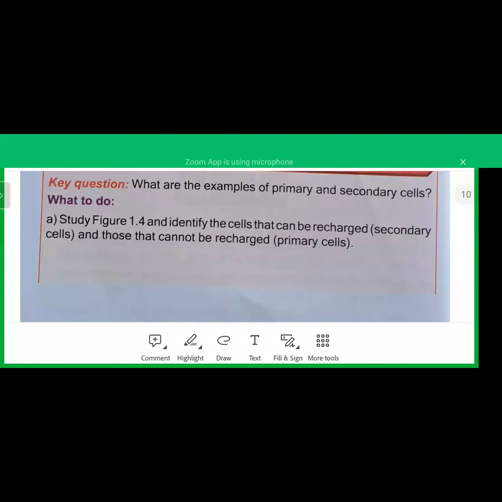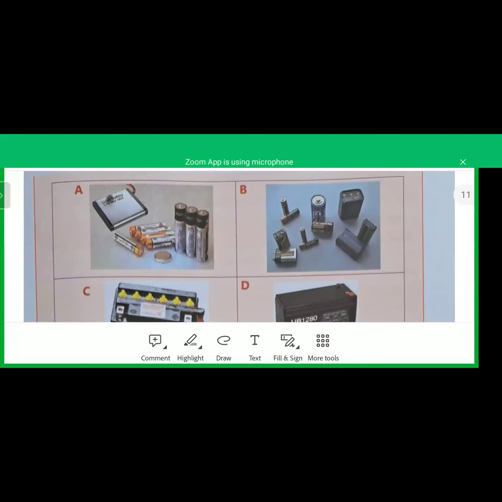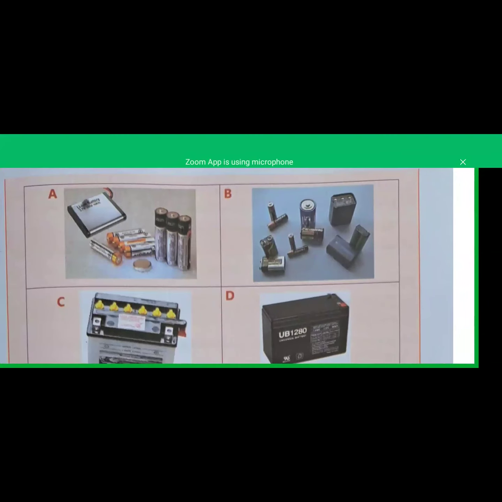Cells that can be recharged are called secondary cells, and those that cannot be recharged are called primary cells. Can someone take us through which are the secondary and which are the primary cells?